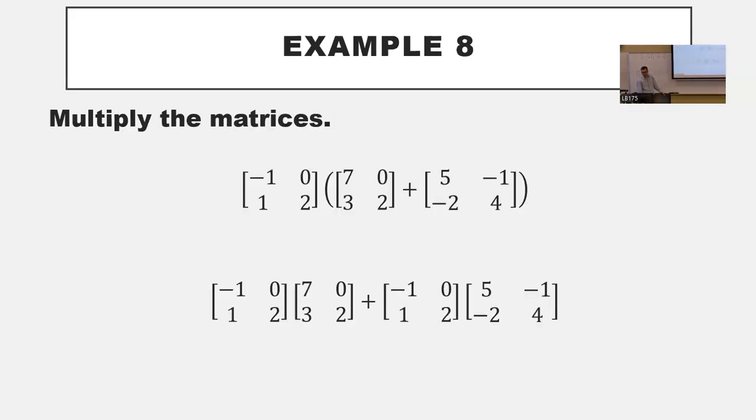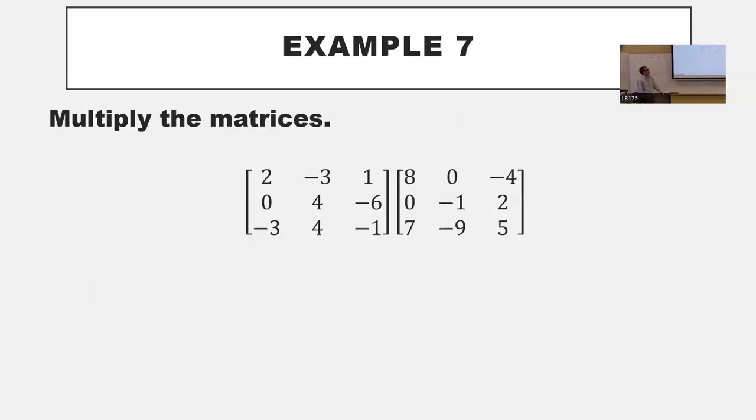Now let me do one other thing. I'm going to go back to example 7. I said I'm not going to do this. I kind of told the truth and kind of lied. I'm not going to do this by hand on the board. But I do want to show you how you can utilize your calculator to do matrix operations.